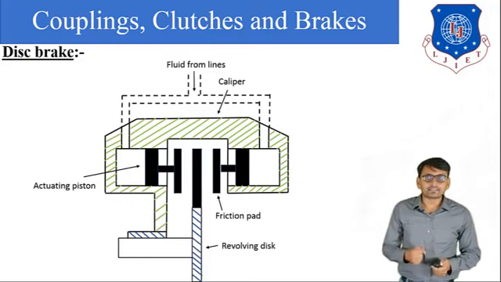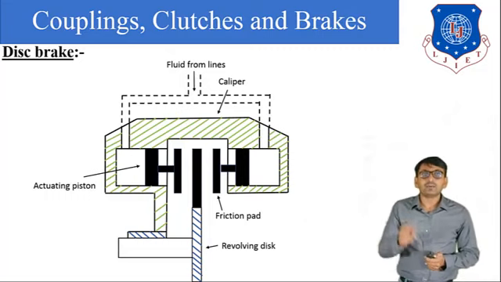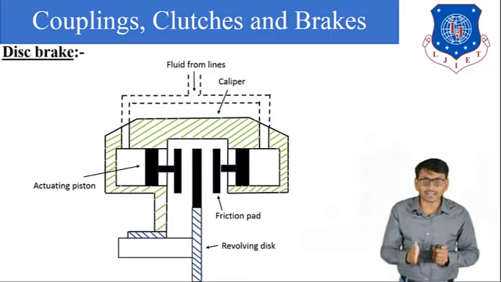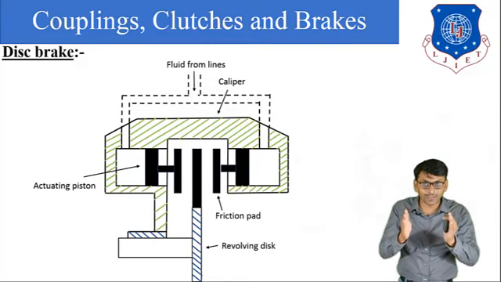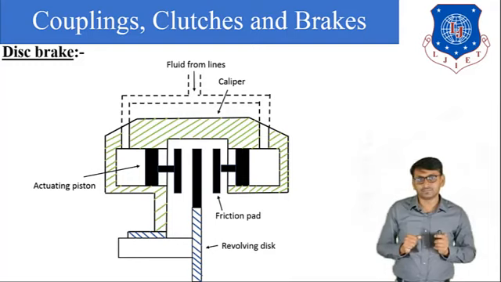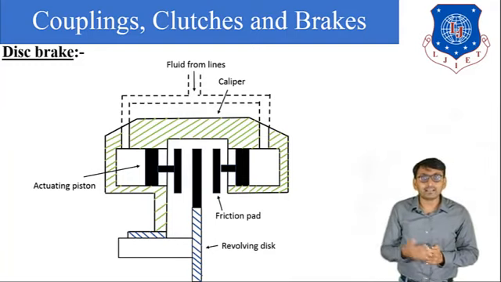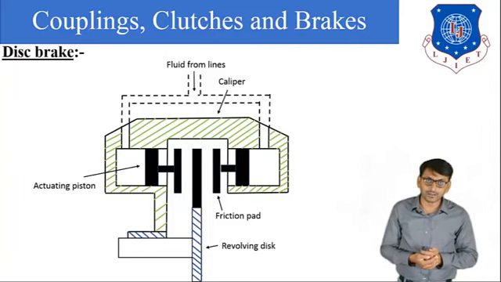So now we discuss the disc brake. This is a diagram of the disc brake. In a disc brake, there are two friction pads which are around the revolving disc. In the center there is a revolving disc, then two friction pads, and these two friction pads are operated by a piston arrangement. From the top side, high pressure fluid enters into the caliper.